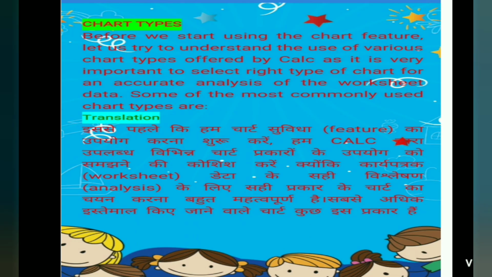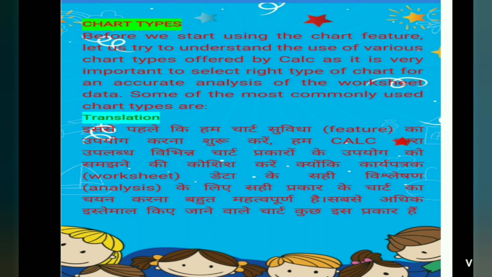Now we will read about charts. Chart types. Before we start using the chart features, let us try to understand the use of various chart types offered by Calc. Calc offers many types of charts, and we can present different types of data with them.